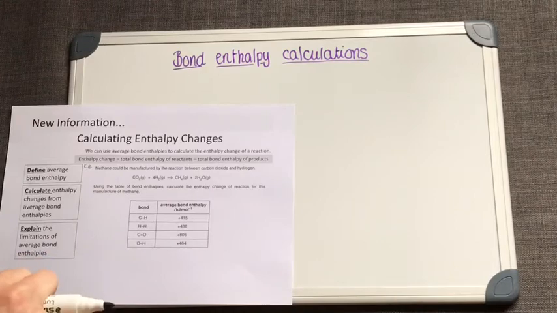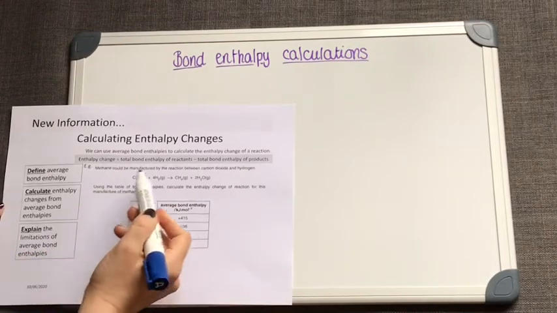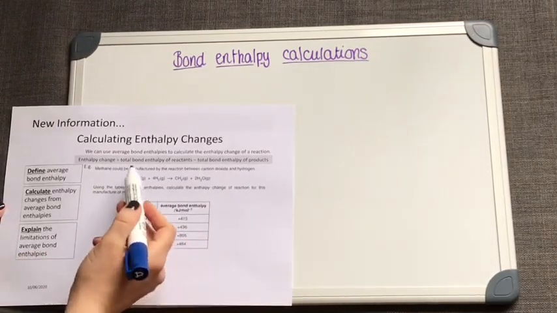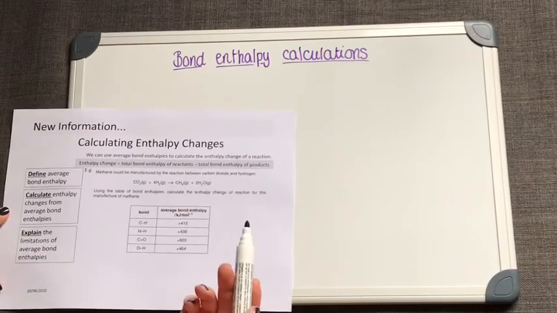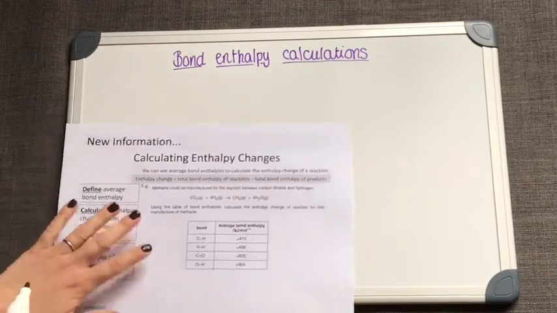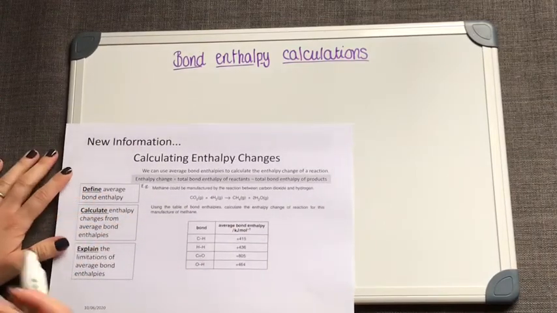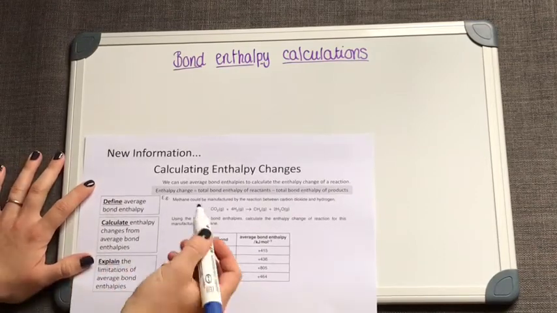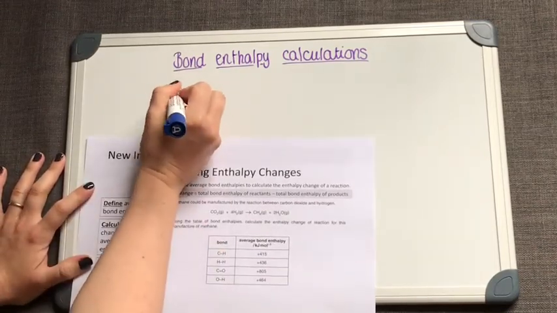The first thing I would recommend in questions like this is to draw out the structures of these reactants and products. It will make calculating it so much easier, and it will avoid you slipping up with the number of each type of bonds. So I'm just going to draw this out.